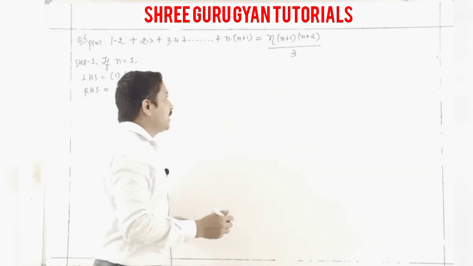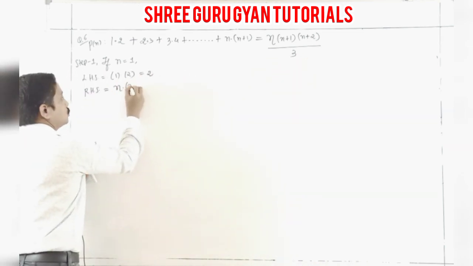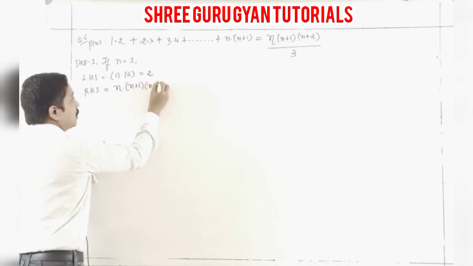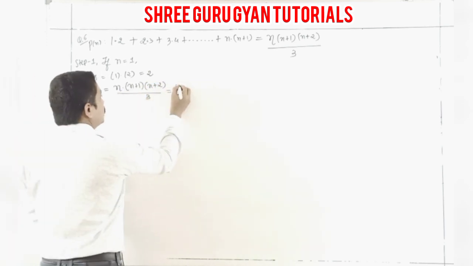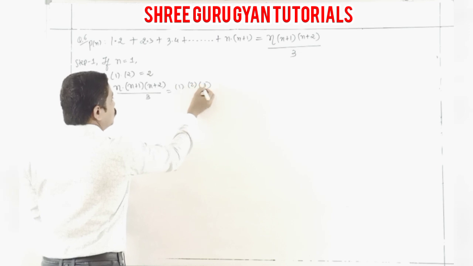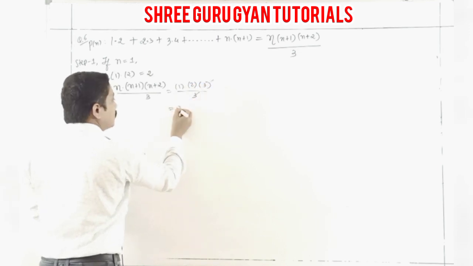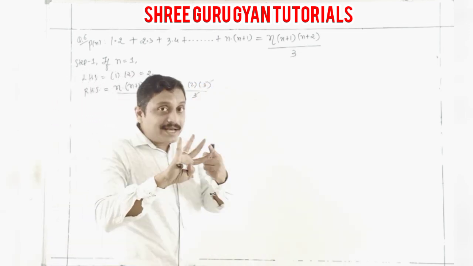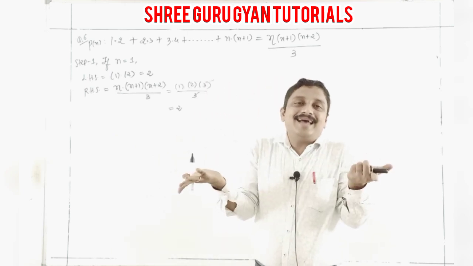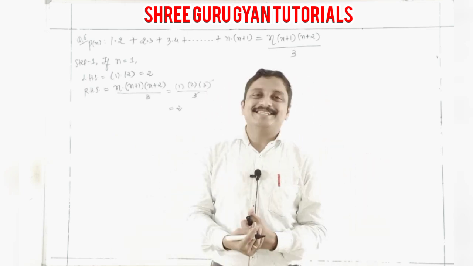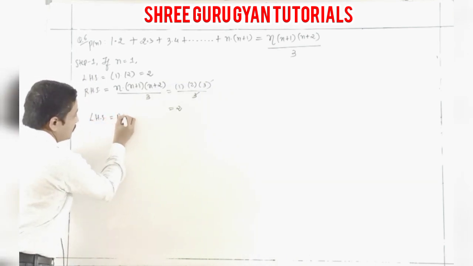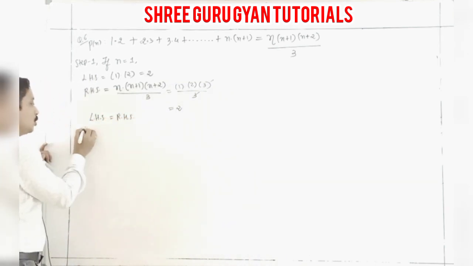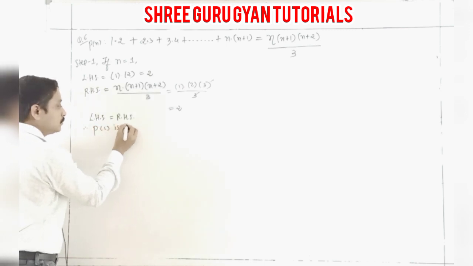Yes, apply the formula: n into (n plus 1) into (n plus 2) by 3, and that is 1 into 2 into 3 by 3. Check. Both are the same. Yes, LHS equals RHS. That's why this step is done. So P1 is true. That's the final.